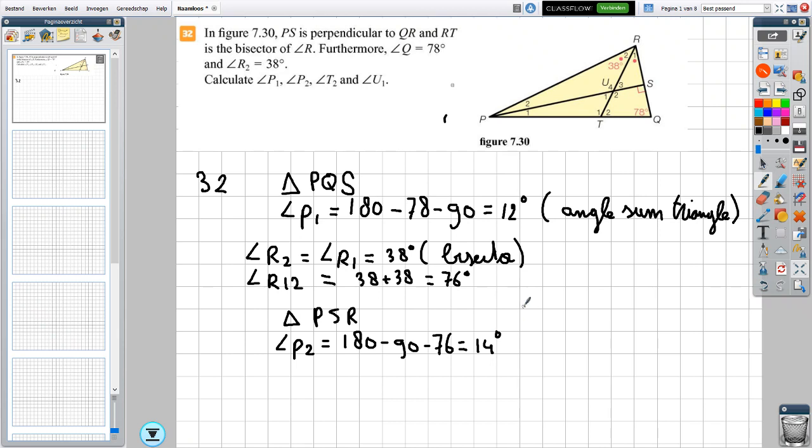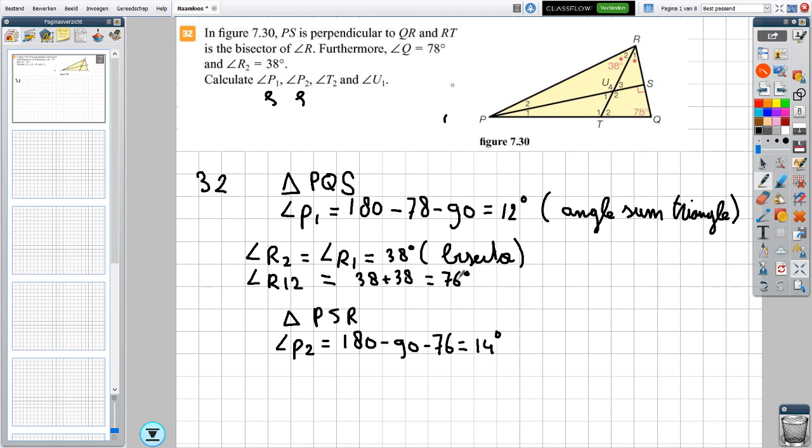Okay, so the first two are now done. Let's take a look at angle T2, which is the quickest way here. Yeah, there are multiple ways. You can use triangle PTR and then use that angle sum again. You can use triangle TQR and use the angle sum again.